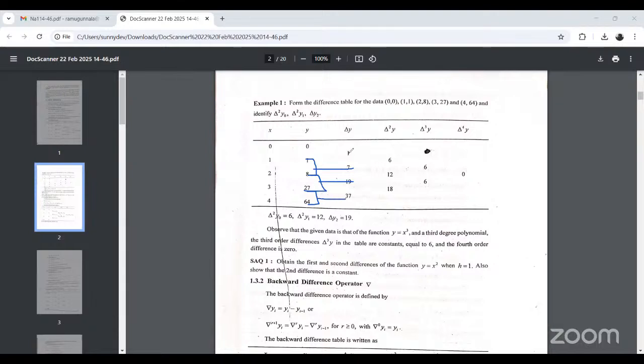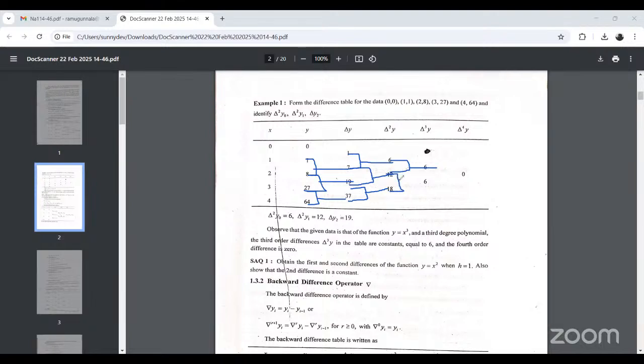Next, the differences of 1 and 7 is 6, and 19 minus 7 is 12, and 37 minus 19 is 18. So then last thing, 12 minus 6 is 6.